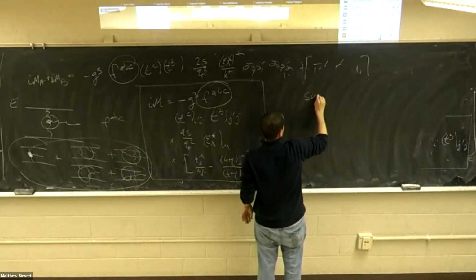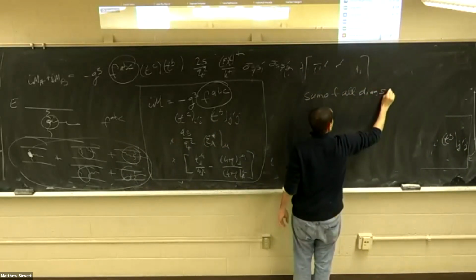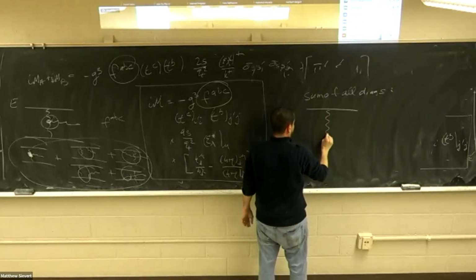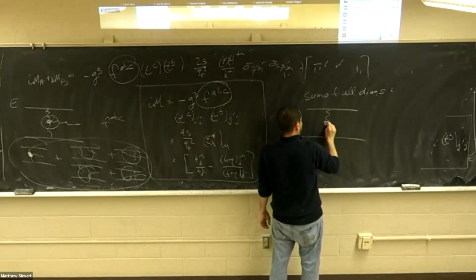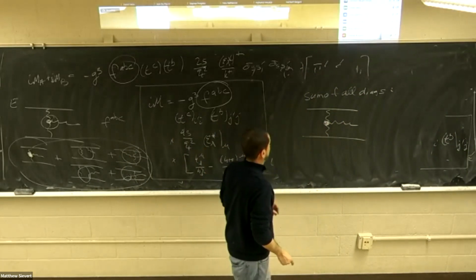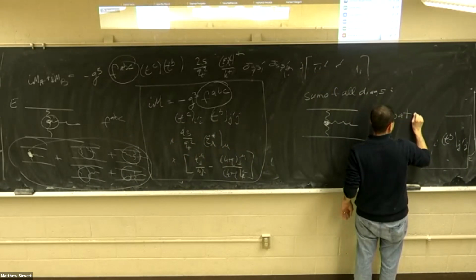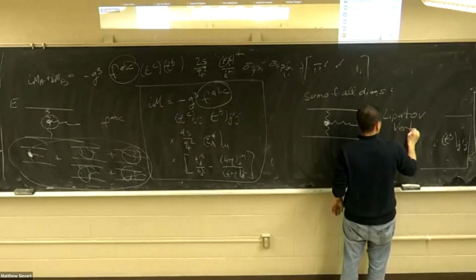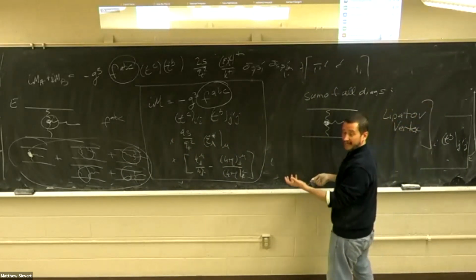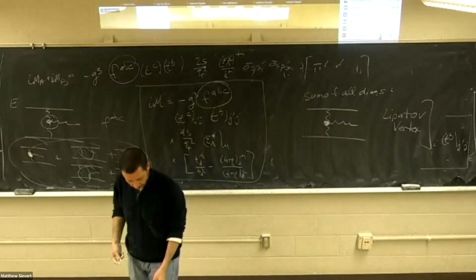So my sum of all diagrams can be written in the form that looks like that 3-gluon vertex, but with a special Feynman rule that describes that final answer. This is referred to sometimes as the Lipatov vertex. And that's the general answer for summing all of the different processes that can lead to gluon radiation.